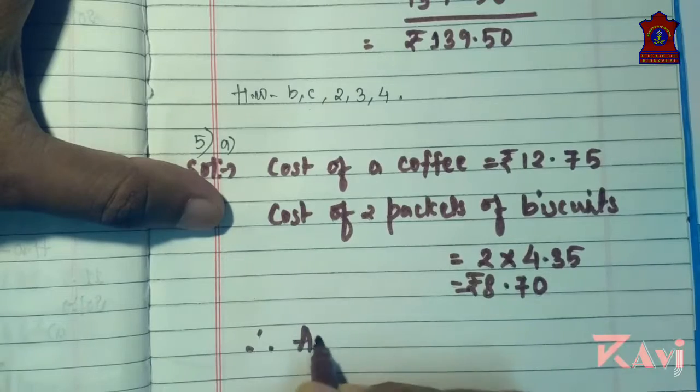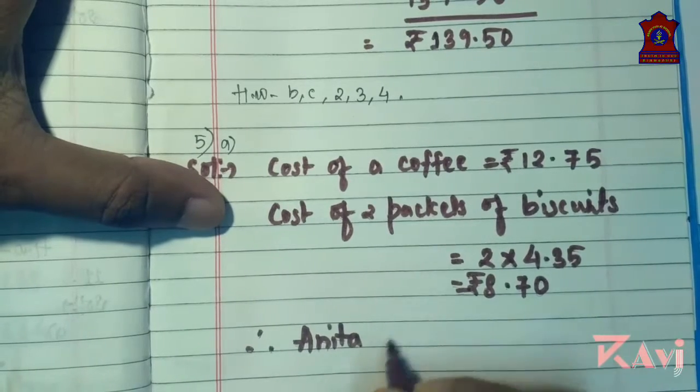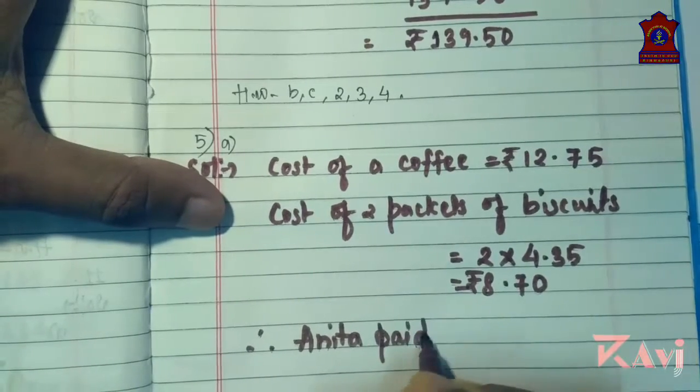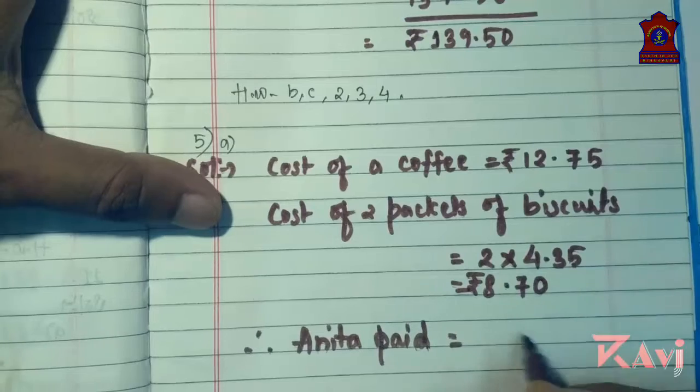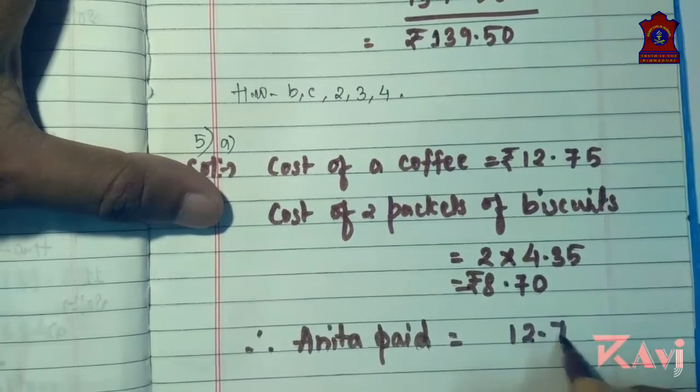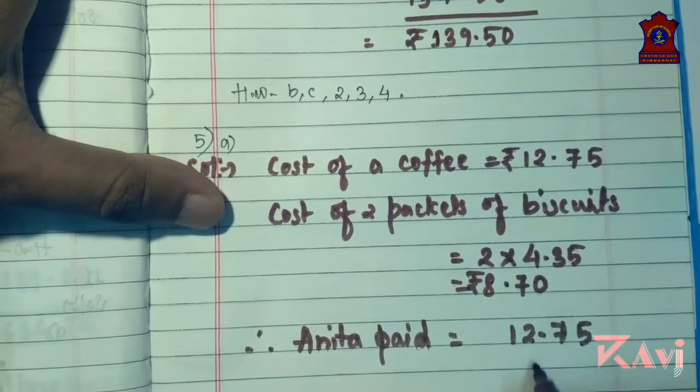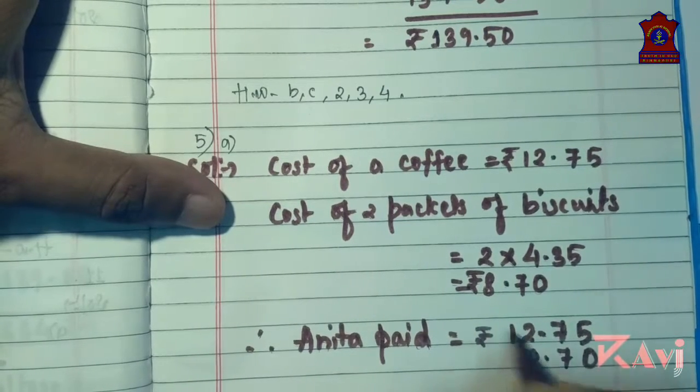Okay, therefore Anita paid equals 12.75 plus 8.70. Clear? Rupees.